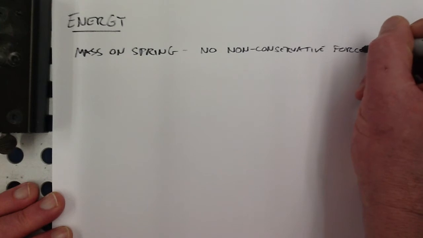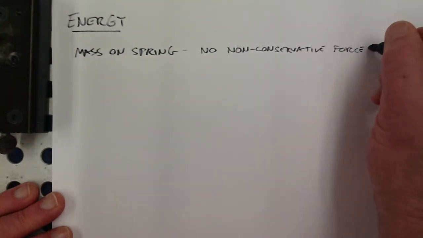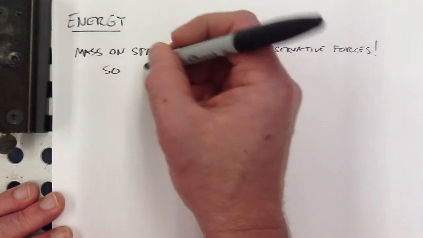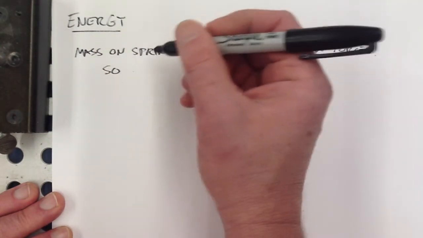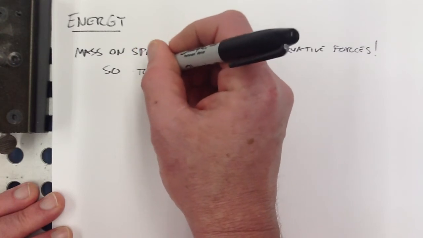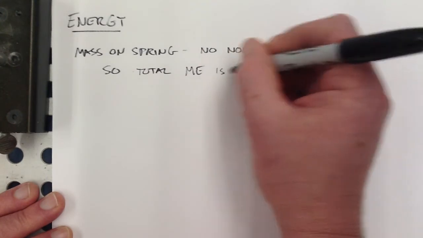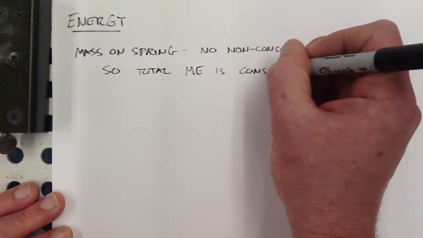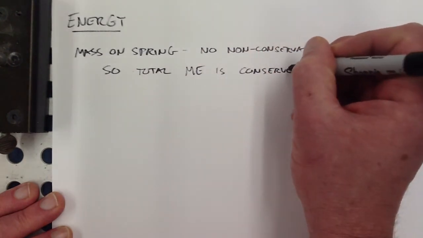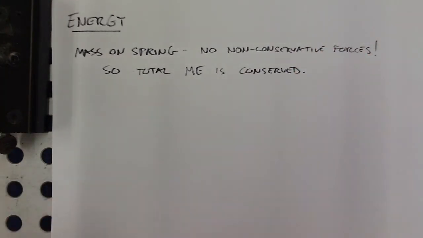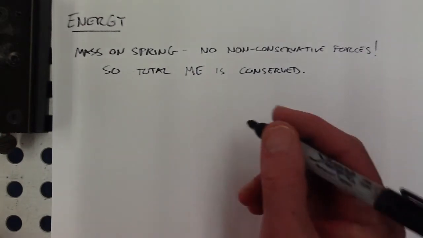We're assuming that there's no friction, and spring force is a conservative force. So that means that total mechanical energy is conserved.